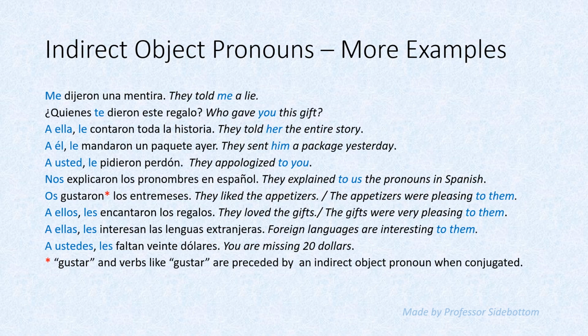A ellas les interesan las lenguas extranjeras. Foreign languages are interesting to them. A ustedes les faltan $20. You are missing $20. And notice that gustar and verbs like gustar are preceded by an indirect object pronoun when conjugated.